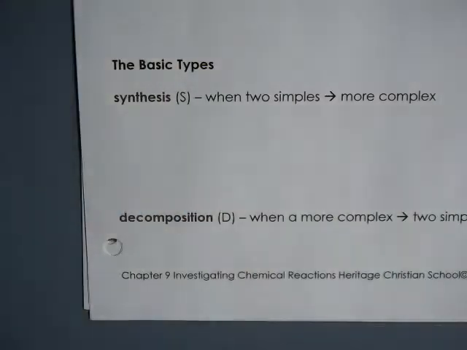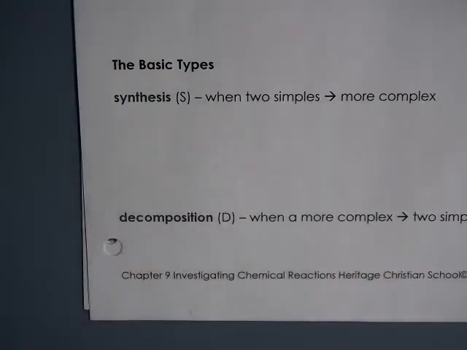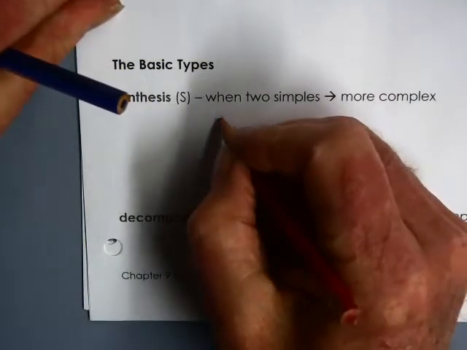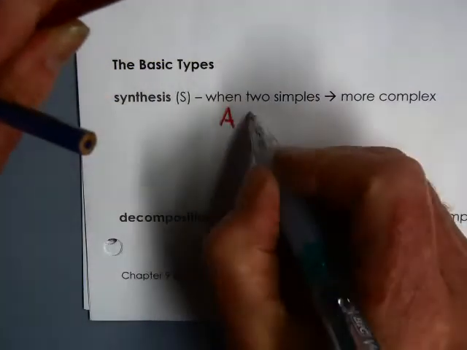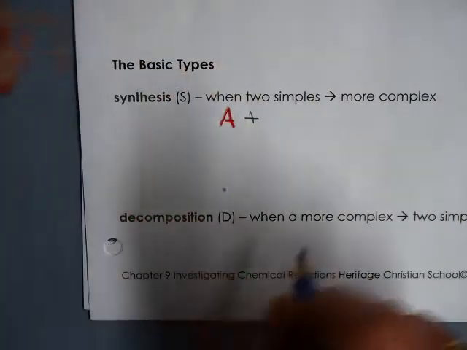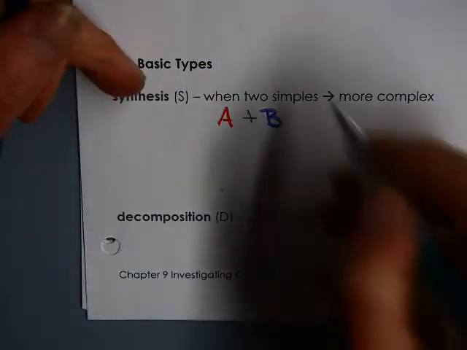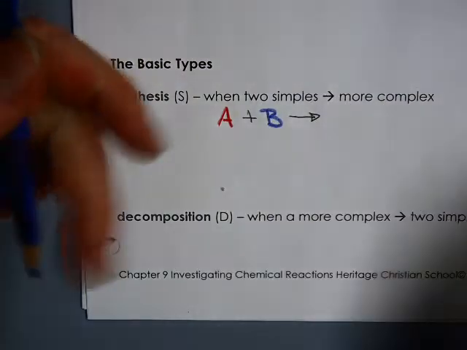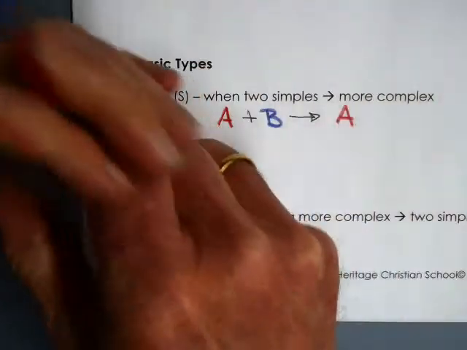So, for example, I'm going to do 2 equations. The first equation is what we call a general equation. The second one is going to be an example. So in a synthesis, you take one thing and you combine it with something else, and it's going to produce something more complex.